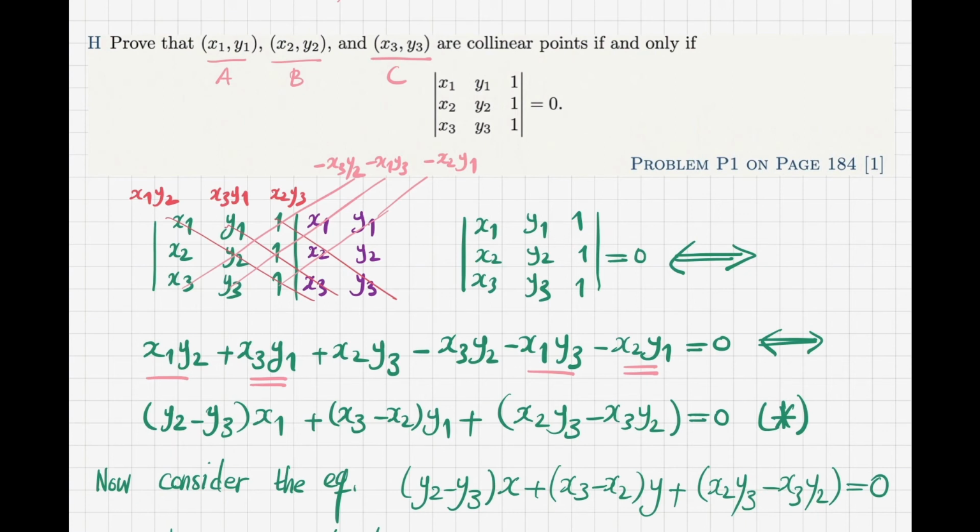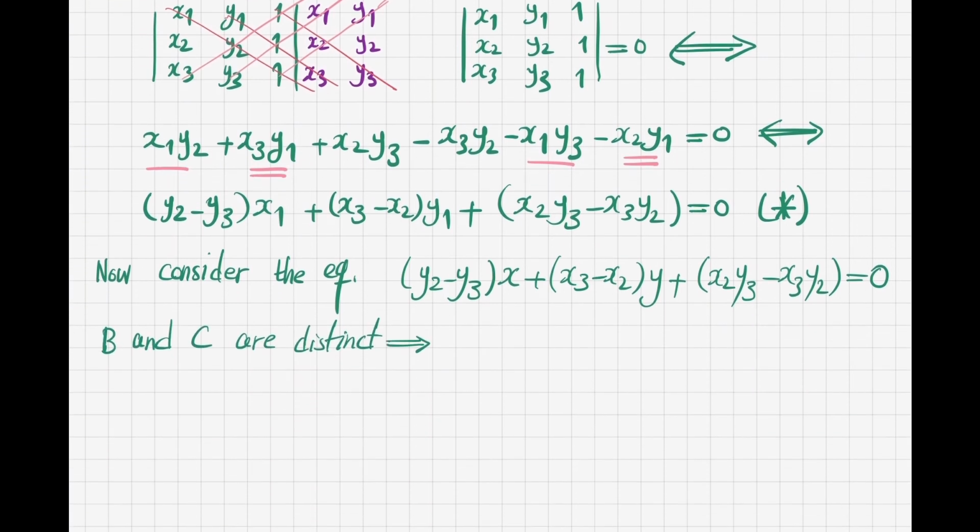It is not the case that both x coordinates and y coordinates are the same. So either x2 is not equal to x3 or y2 is not equal to y3. So this is important here. It means that at least one of these conditions should hold.